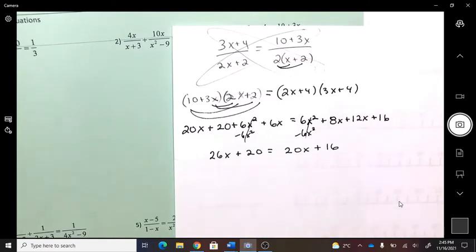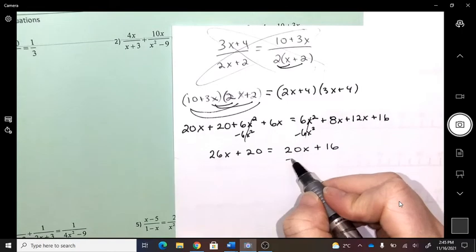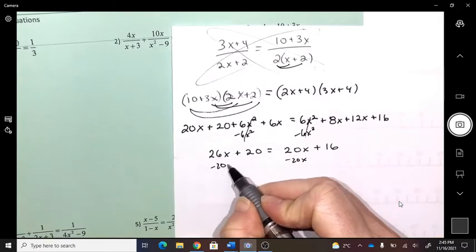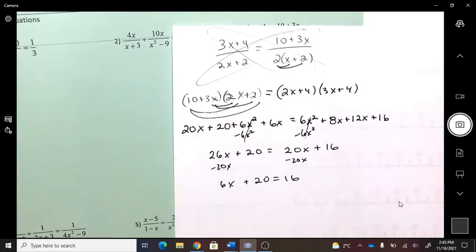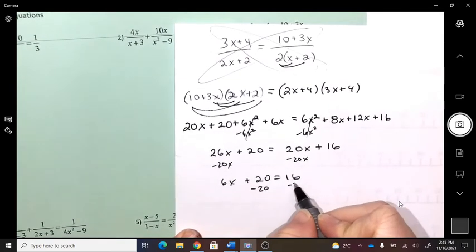Grouping x's together, it's isolation stuff. So put your x stuff together, put your number stuff together. So I'm going to minus 20x. I'm going to minus a 20.